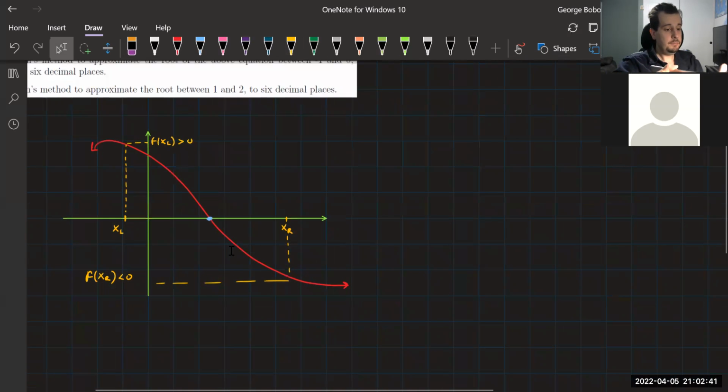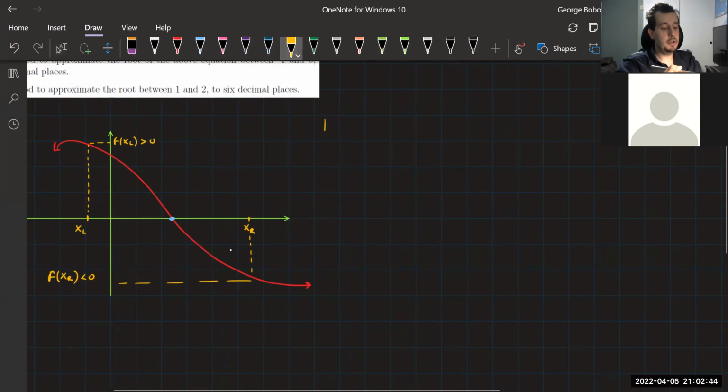So again, here's the intermediate value theorem.